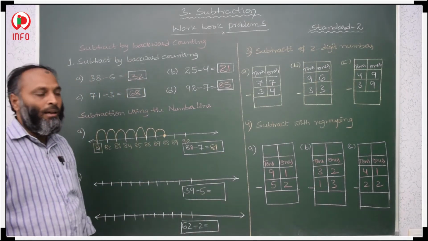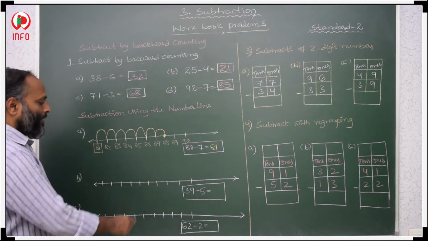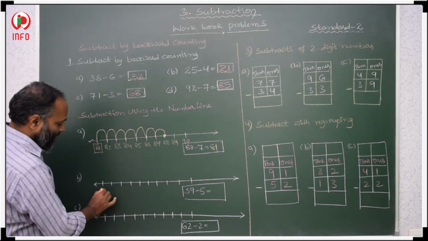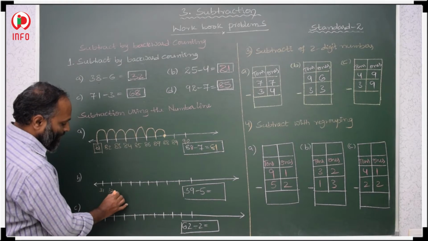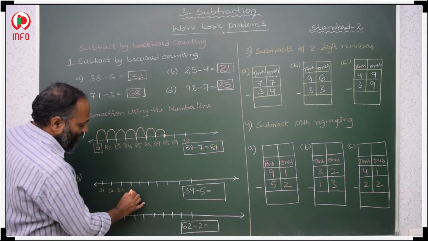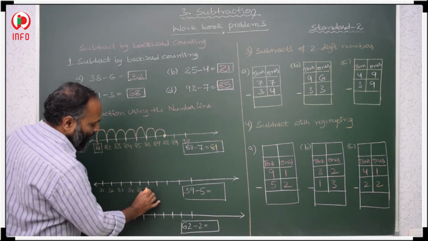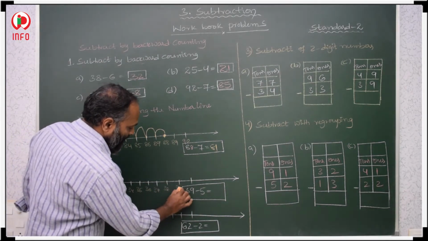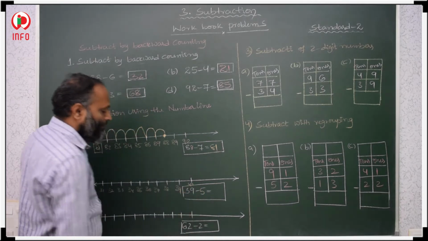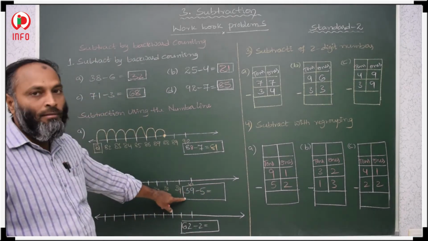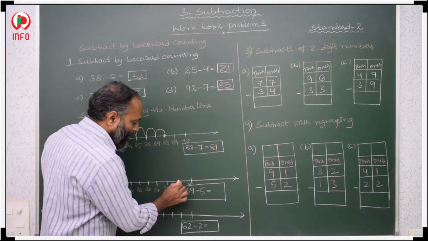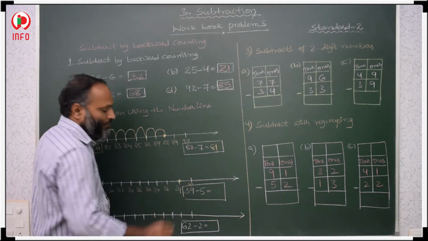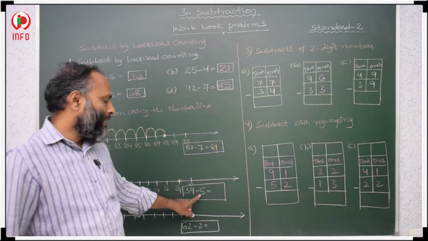Now here 39 is given, so you have to start from 31: 31, 32, 33, 34, 35, 36, 37, 38, 39, and this one is 40. First mark on 39, and minus 5 is there.